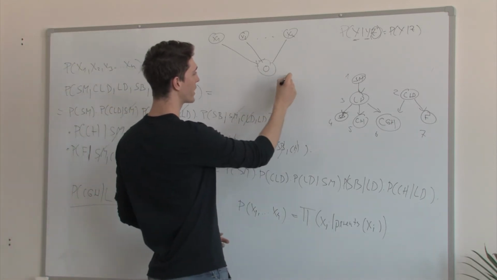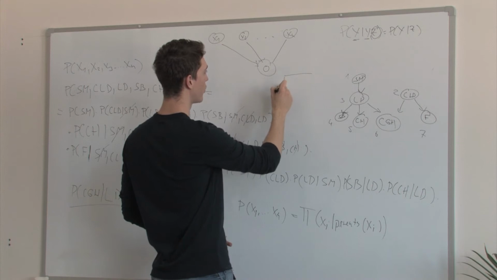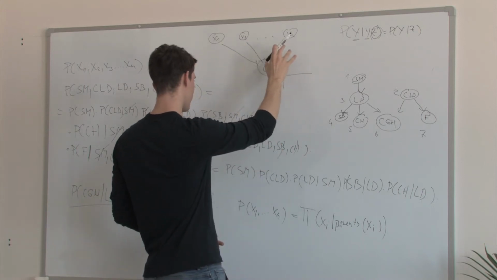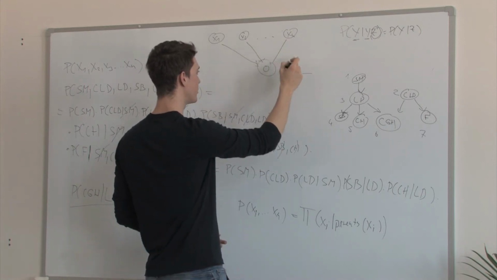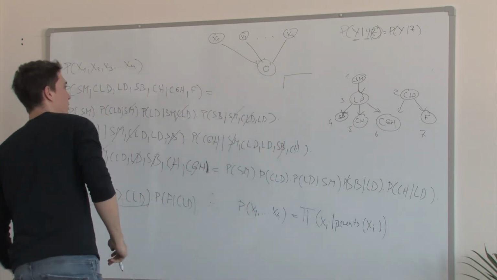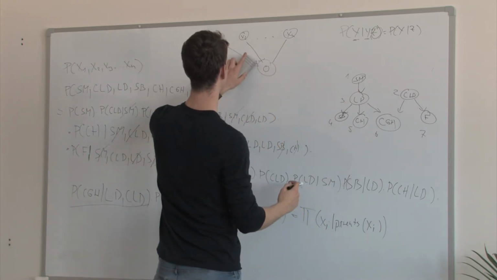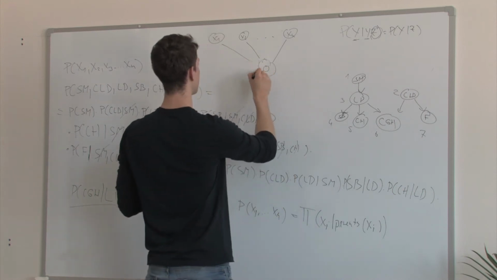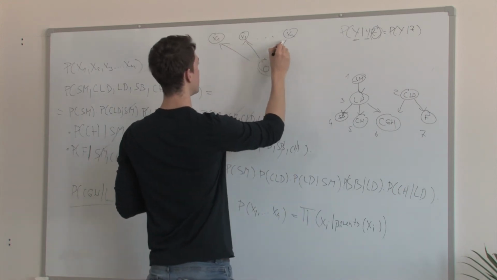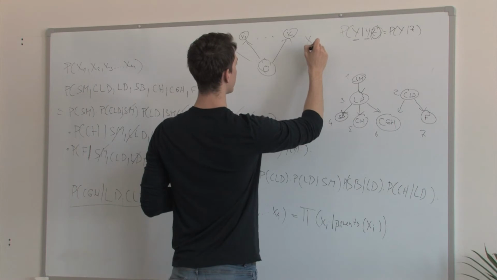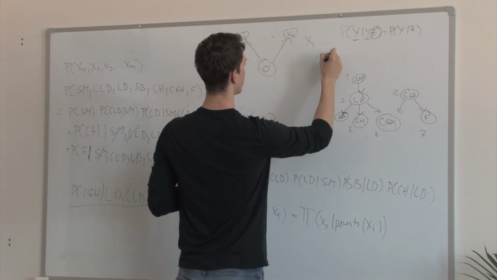With the edges going into the output, you'd have one big table here for all the possible states of the input variables. But if you do it the other way around, like this, for each node you'd get a probability table of x, y states.